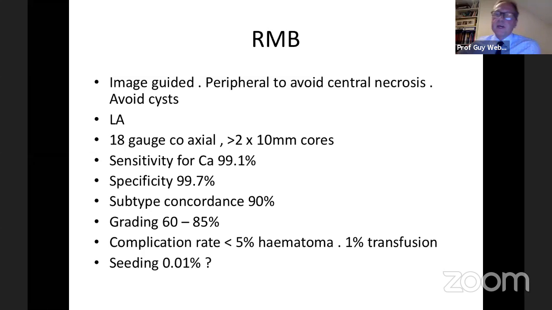That worries me a little bit about how accurate you are with those, knowing they're small tissue samples, but it's reasonably good. There's a pretty low complication rate of about 5% perinephric hematomas, about 1% transfusion rate, and arguably a very low seeding complication rate in the literature historically.